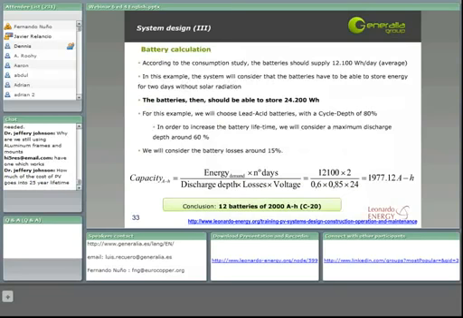You can see that the capacity calculated in order to be able to give 12,100 watt-hours per day will be 12 batteries of 1,977 ampere hours.